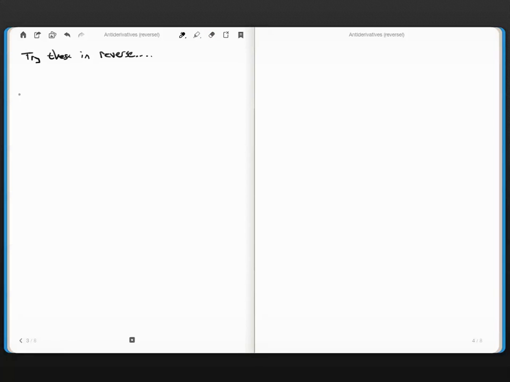We're not tweeting, this is math. There we go, A. If f of x equals x to the n, but now we want to take the antiderivative.